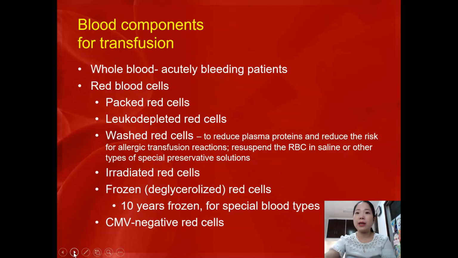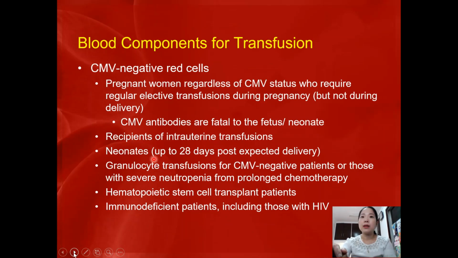For CMV negative red cells, remember, CMV is fatal to the fetus and the neonate, okay? That's why when the need arises to transfuse a fetus or neonates, you need to give CMV negative red cells.